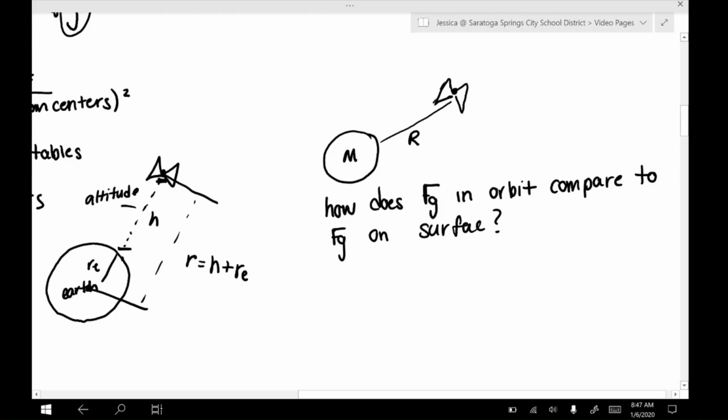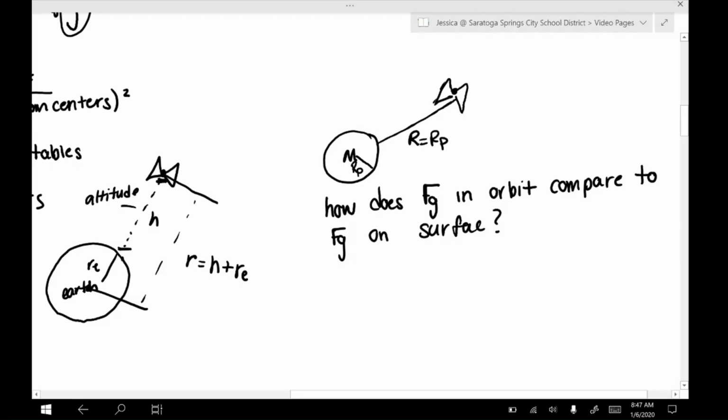Okay, so on the surface, the satellite is a distance of a radius from the center of the planet. Okay, let's say its altitude is exactly equal to the radius of the planet.